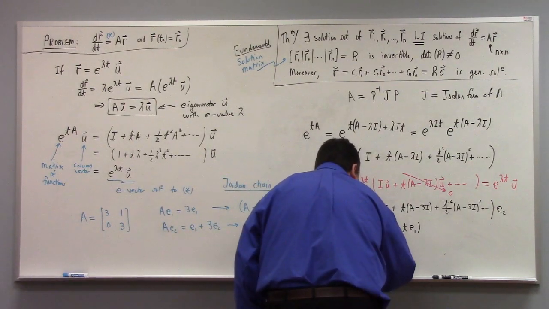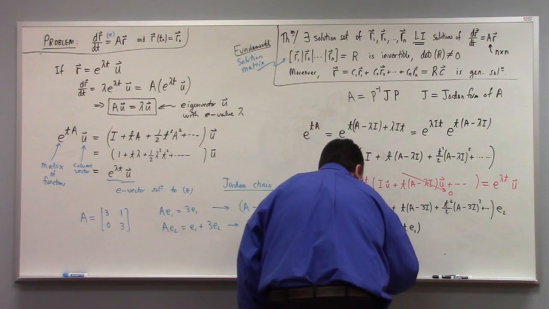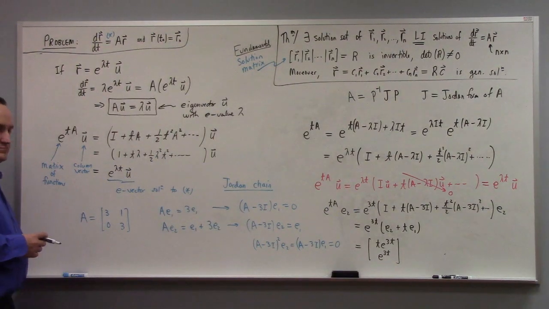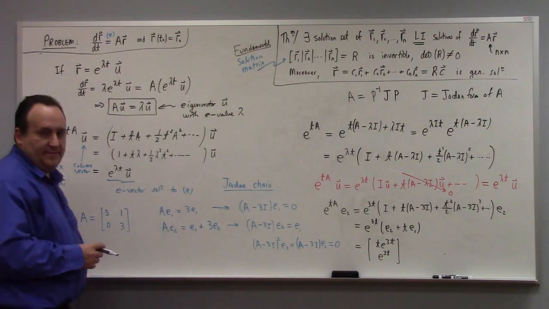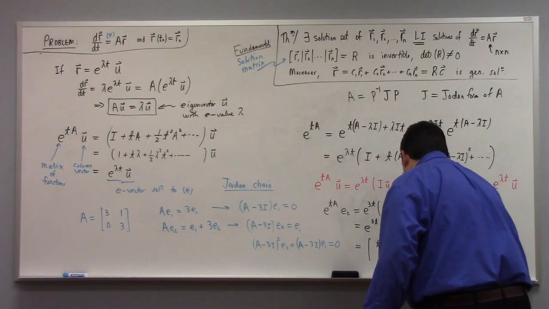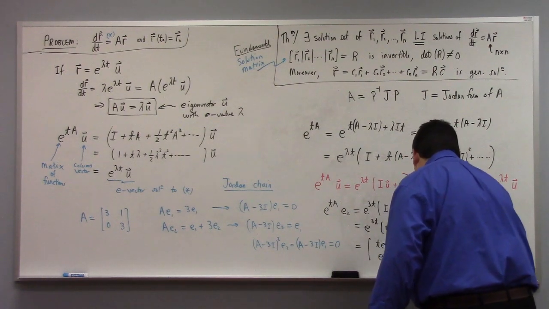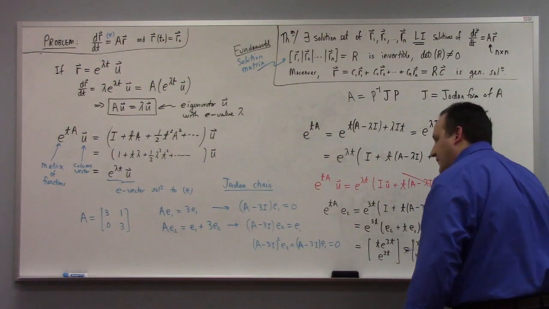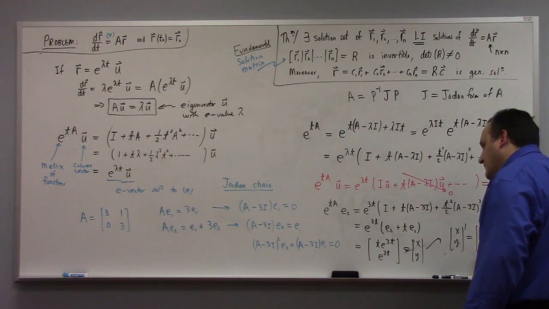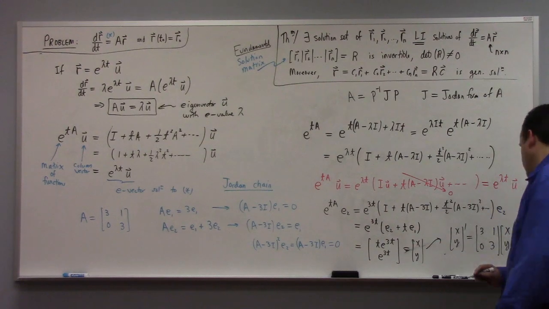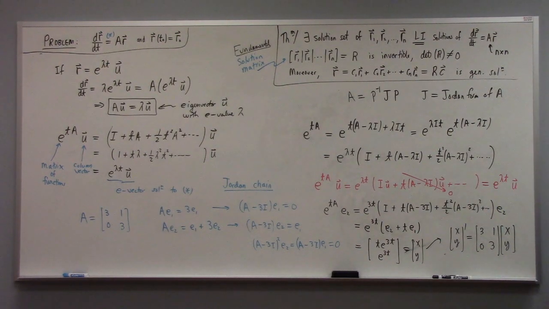Manifestly, it's t e to the 3t and then e to the 3t. That solves, if I set this equal to (x, y), x y prime equals the matrix (3, 1; 0, 3) times (x, y). It's pretty easy to see it solves the second equation.